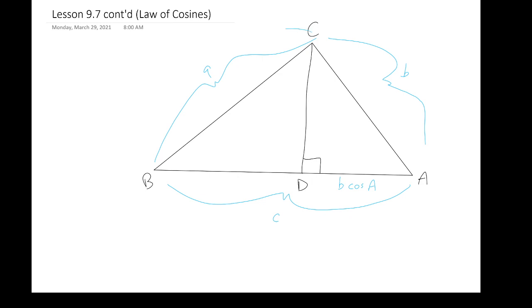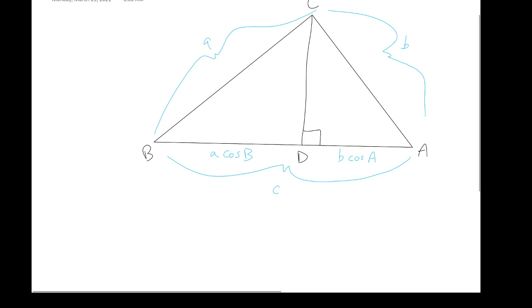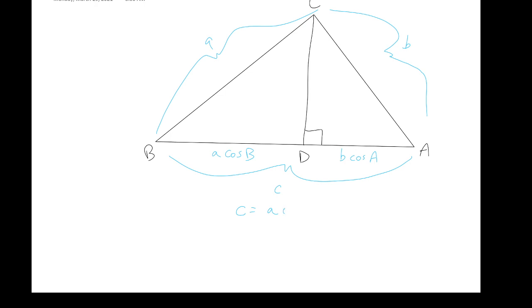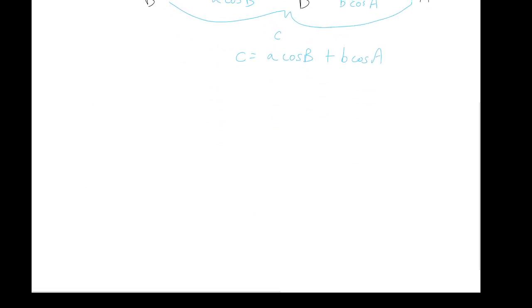Same thing if I'm going to now look at this triangle right here, BDC. BD is going to be equal to A times the cosine of B. So that if I'm going to express C, C is going to be equal to the sum of those two segments through segment addition: A times the cosine of B plus B times the cosine of A. Now, just another way to express this, let's say that we're trying to express this in terms of C squared.